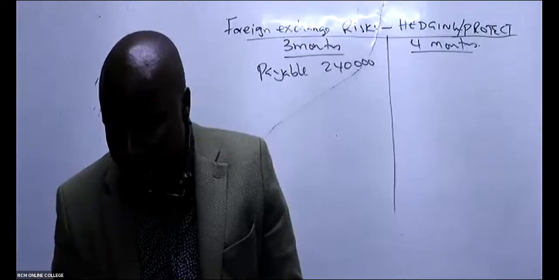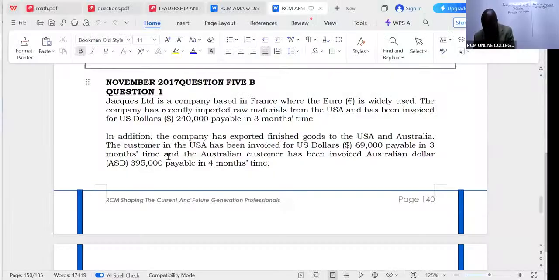Do we have any other? If you continue reading, second paragraph: in addition, the company has exported finished goods to the USA and Australia. The customer in the USA has been invoiced. So when we export goods, we receive, so we have a receivable.